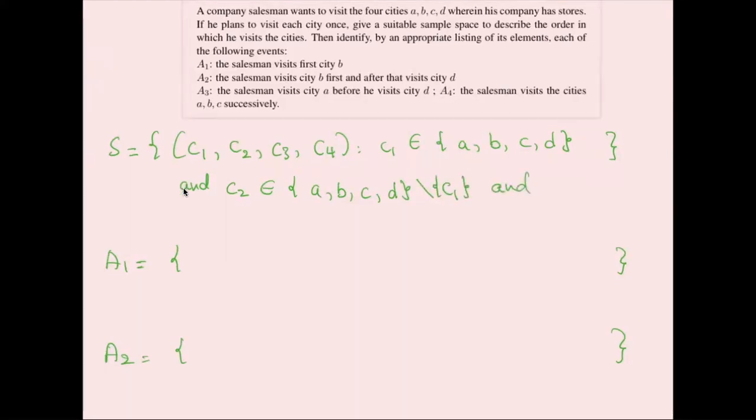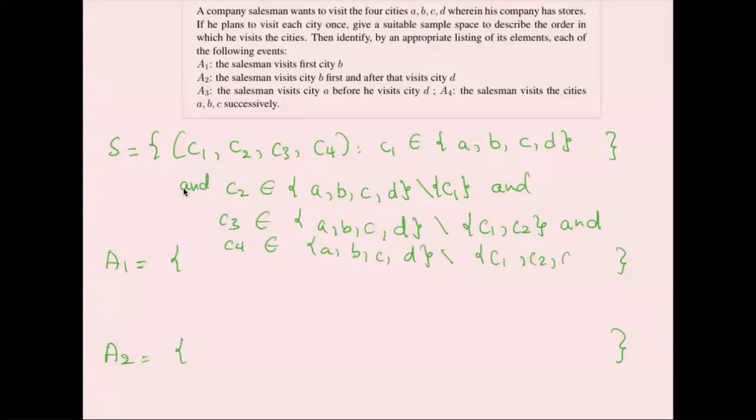And then CD3 can be any CD from A, B, C, D, excluding CD1 and CD2. Yes, I will explain what a tuple is. Just give me a minute. And CD4 can be any of A, B, C, D, excluding CD1, CD2, and CD3. So this is one possible answer.